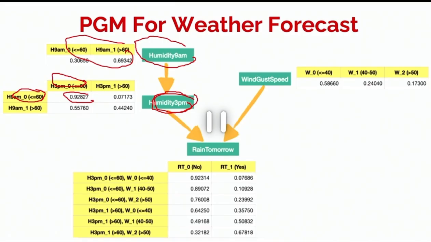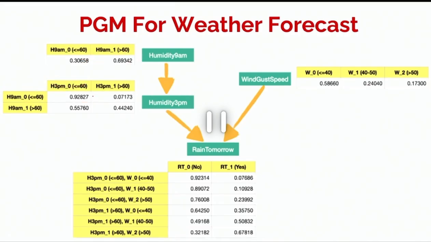Please pay attention. The percentage of the time humidity is low in the afternoon is also low in the morning. And this is low in the morning and high in the afternoon. It's high in the morning and low in the afternoon. So take a look at that.